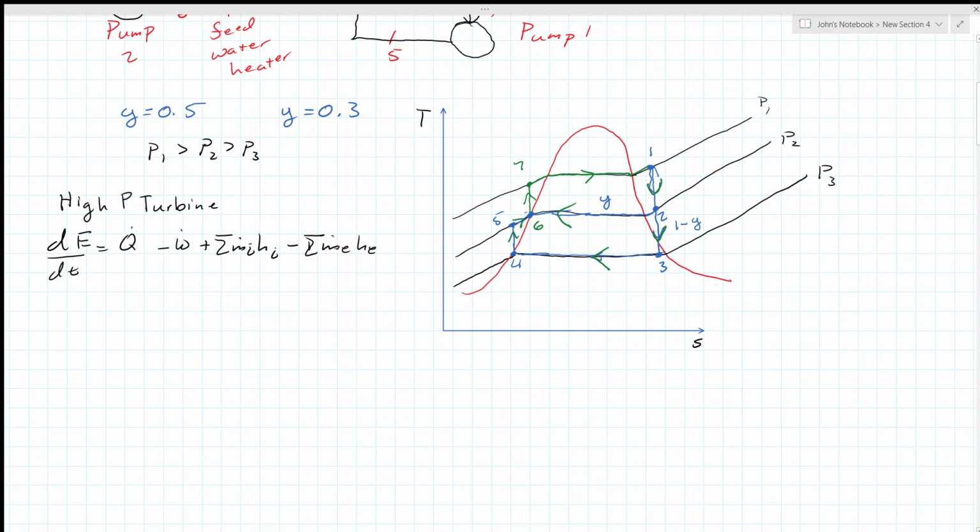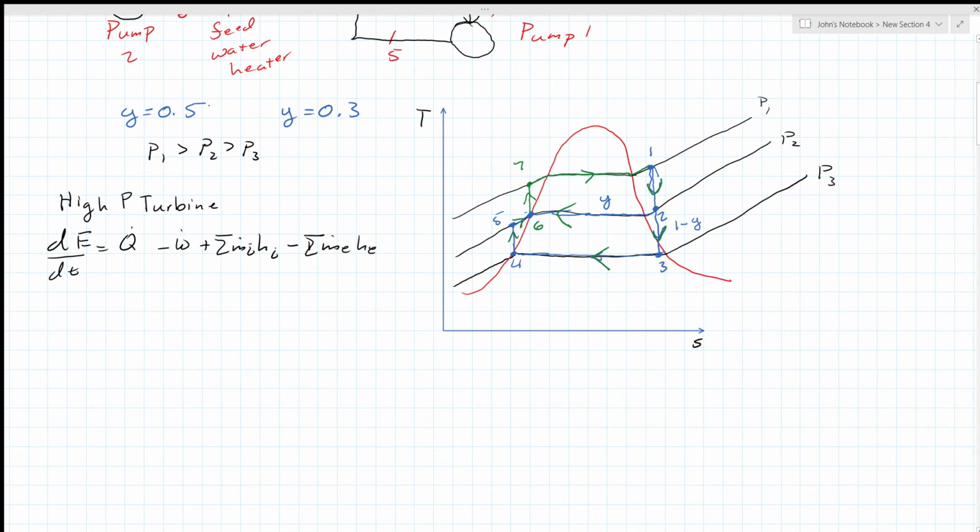I am not going to rederive this equation. I did the derivation in a previous video on the first law of thermodynamics, probably my second or third video, and that is where I'm taking it from.